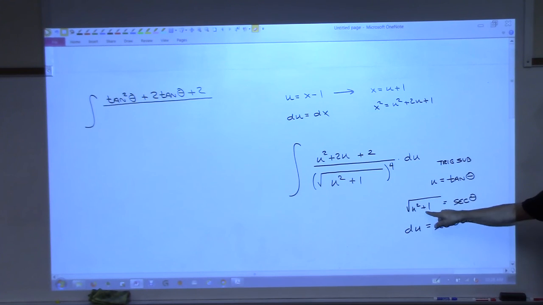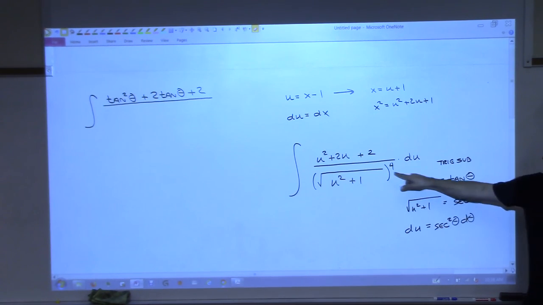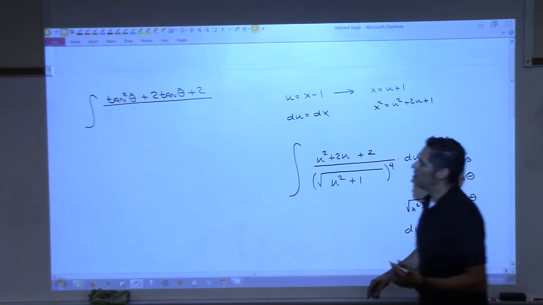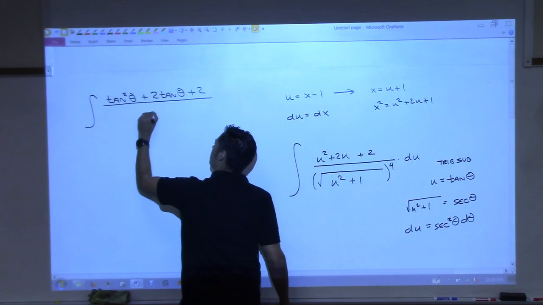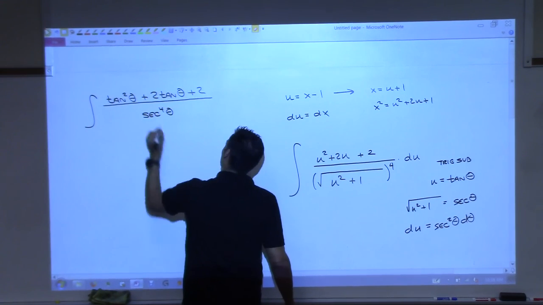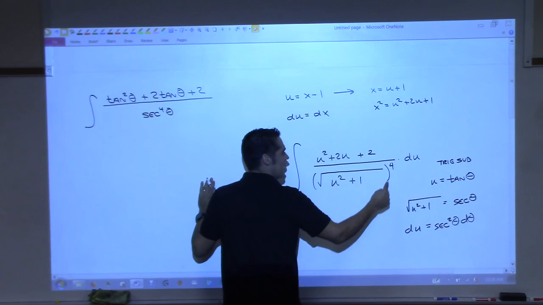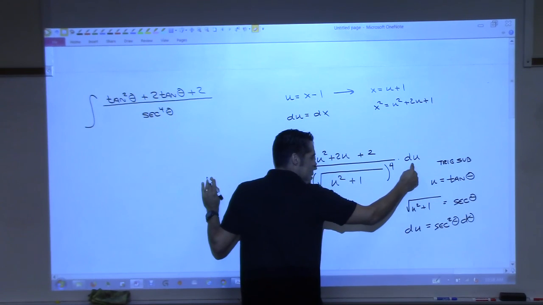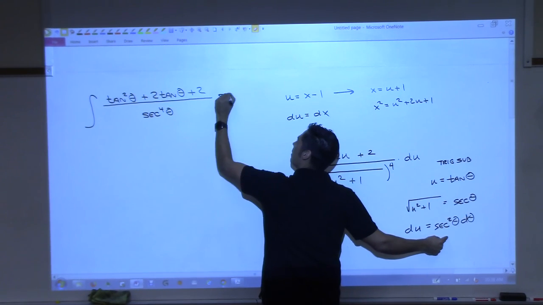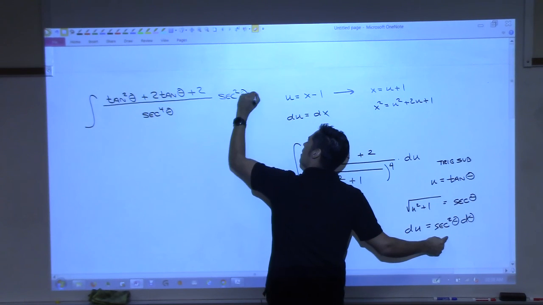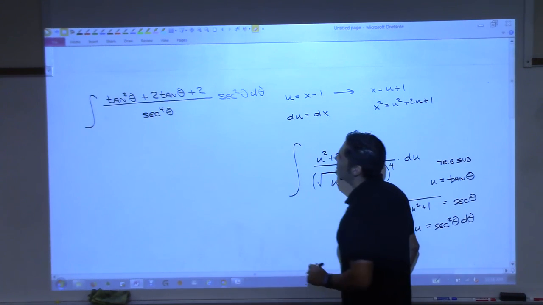The root thing is secant theta, but it's to the 4th power. So secant to the 4th down here. Cool. And then don't forget du, secant squared theta d theta. And we get some cancellation here.